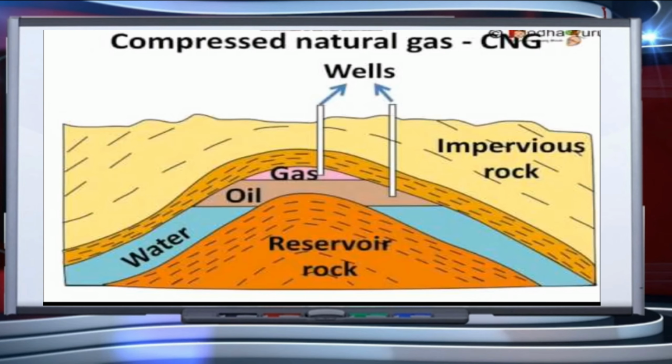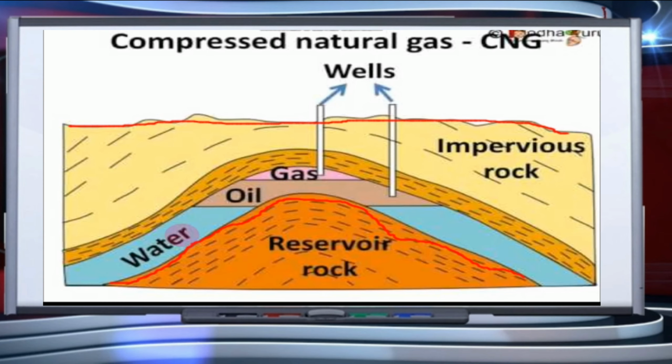Now see where natural gas and oil is found in the earth. See, this is the surface of the earth. And these are the impenetrable hard rocks, beyond which water or oil cannot seep down, it cannot percolate down. So oil is lighter than water and gas is lighter than oil.